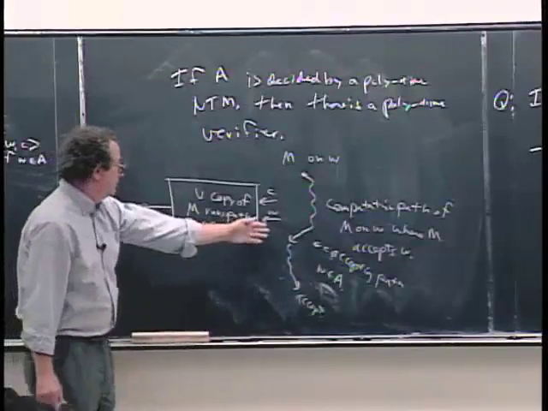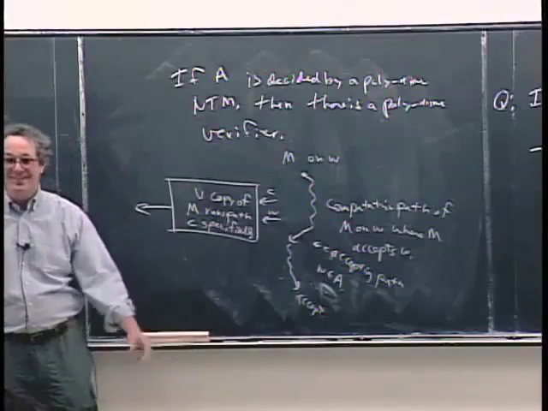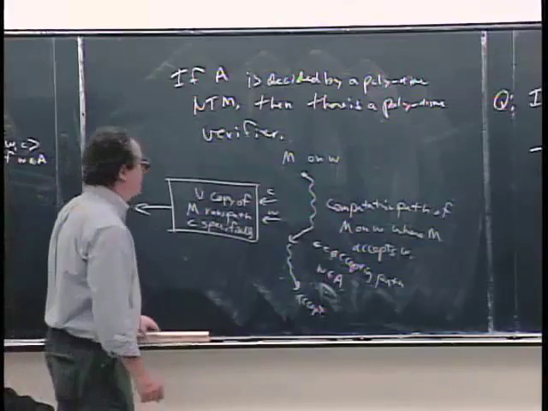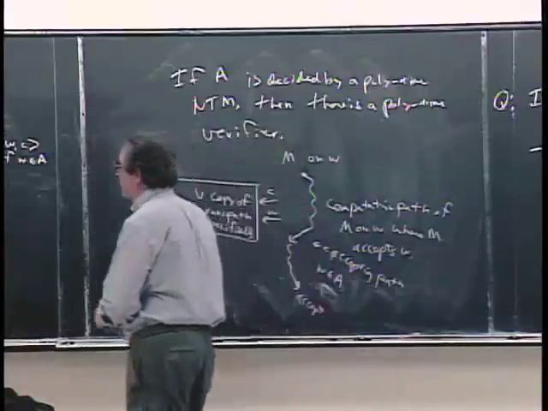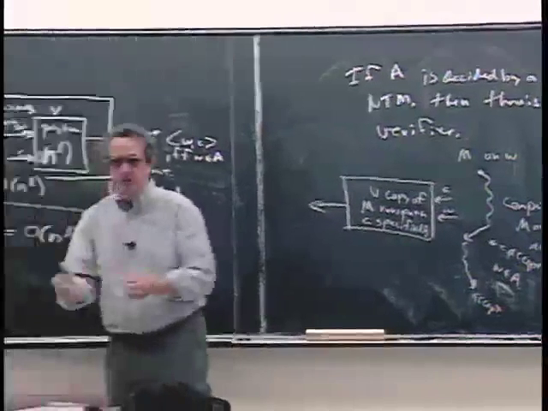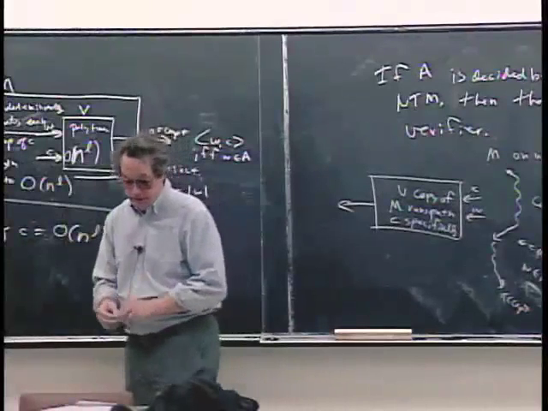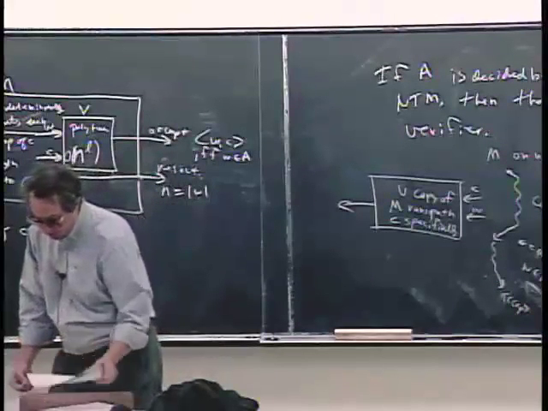And here I've reversed the direction of input and output, but mathematically, that's okay. All right. Well, at any rate, this took longer than I had hoped. But this shows that those two definitions are the same, because you'll often hear people talk about verifiers when they talk about NP and NP-Completeness.